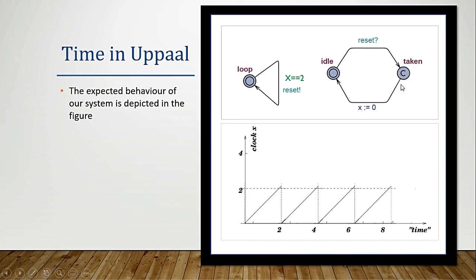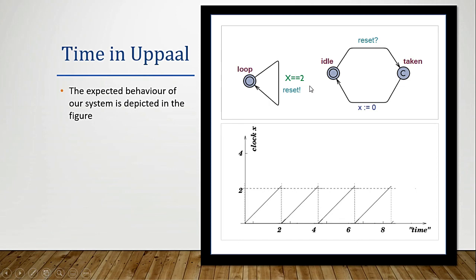The time is 0, and then you should move and come to receive. So as we expected, the time here will go from 0 until 2, and then again go to 0. In another cycle, from 0 to 2, from 0 to 2, that means it will not go over that.